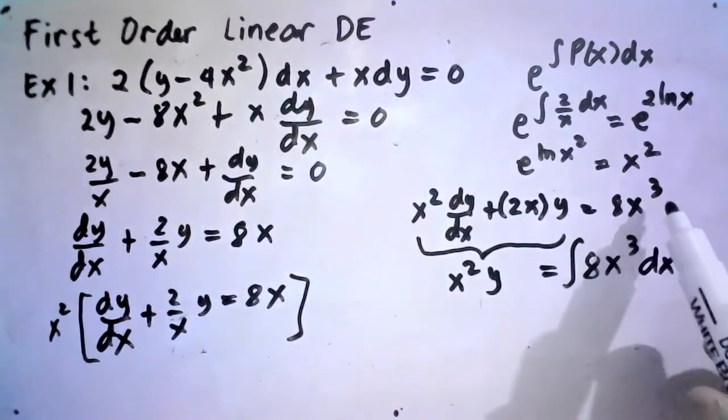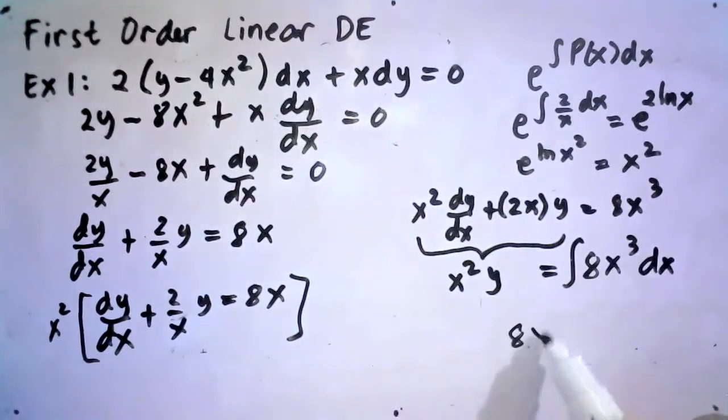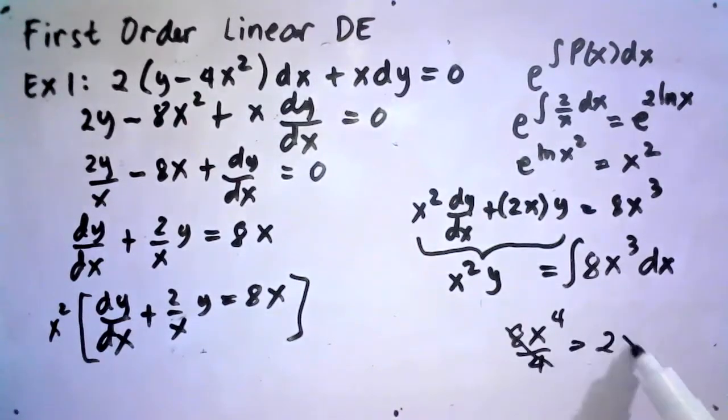When we integrate this, that is equivalent to 8x raised to 4 over 4, which is 8 divided by 4, that is 2x to the fourth, plus c. This is supposed to be our answer for this integral of 8x cubed dx.